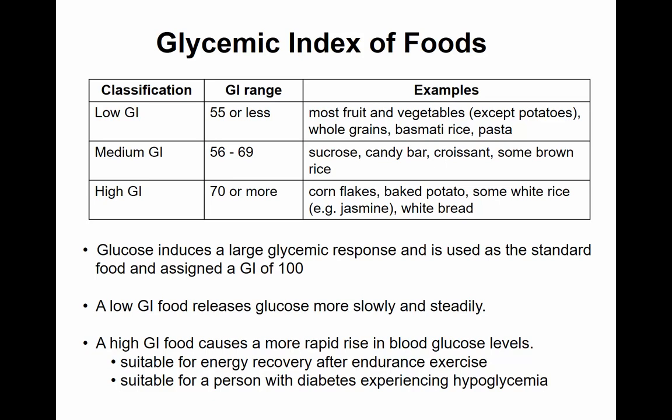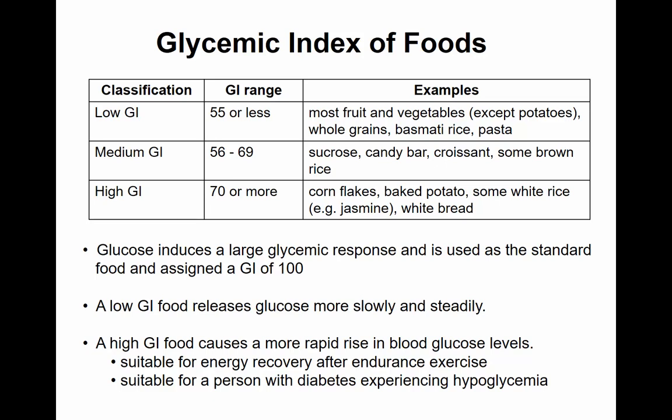High GI food is food that, when you eat it, quickly increases your blood glucose levels. GI is related to the type of carbohydrate the food contains, whether it's a simple or complex carbohydrate. Simple carbohydrate is usually related to high GI, because you very quickly digest and absorb the glucose into the blood.